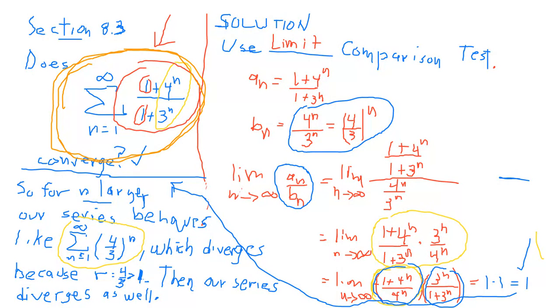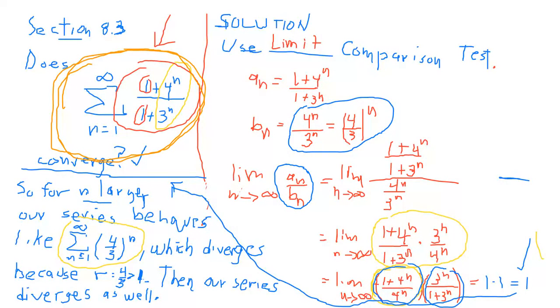But just remember, it's how the series behaves as the terms get large that determines if the series converges or diverges. And the little numbers here, the ones, don't affect the terms when n is large. They don't distort the behavior.